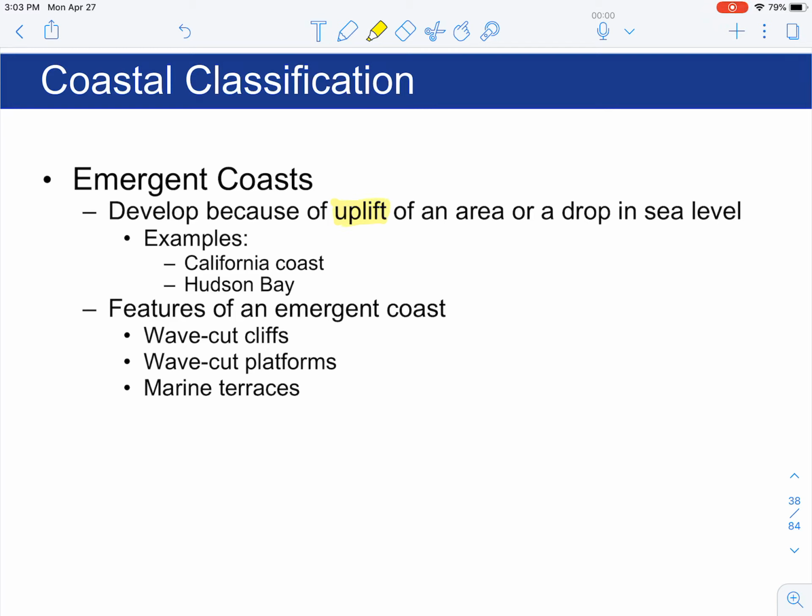So some examples of places where there are emergent coastlines would be the California coast, also Hudson Bay, Canada. So these are places where we see cliffs, we see terraces, we see wave cut plateaus.